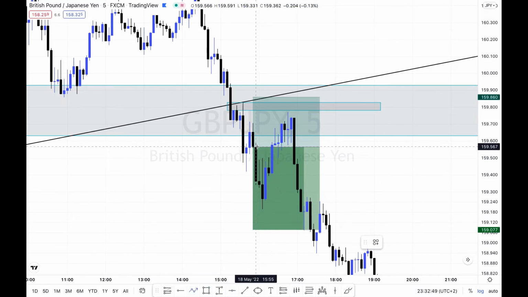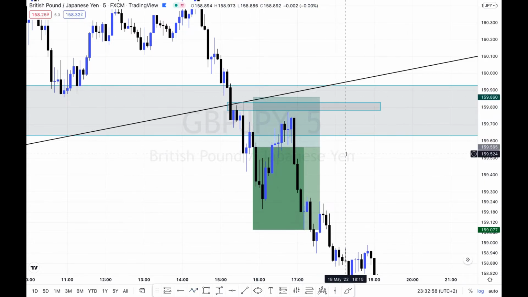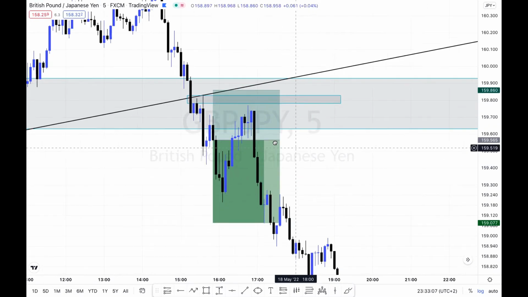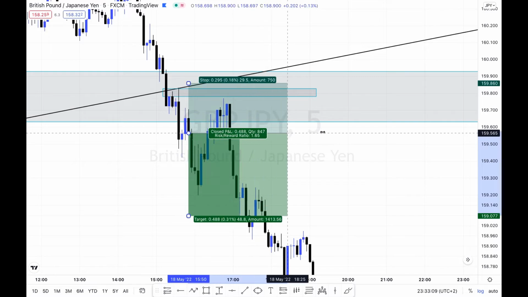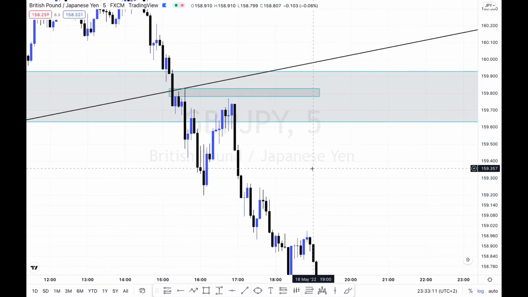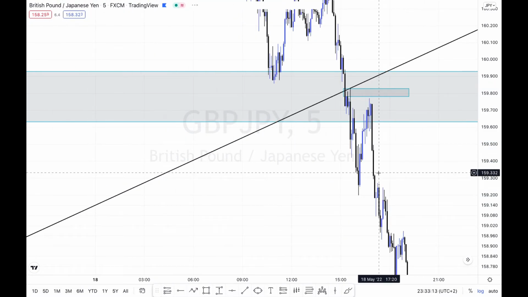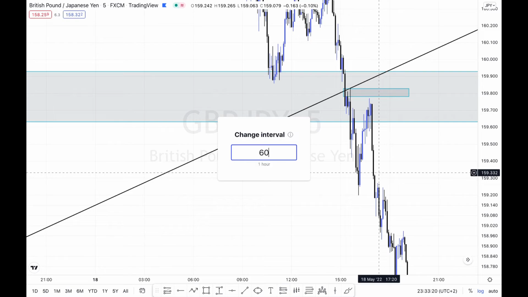Nevertheless, it most probably would have touched my stop loss, then wicked on the 15 minutes, right? So I would encourage you guys to be looking for entries on the higher time frames. Whatever you're risking, if you feel like you're risking too much, then just lower your lot size and then take the entry, right? And now let me show you guys how to look for your targets.